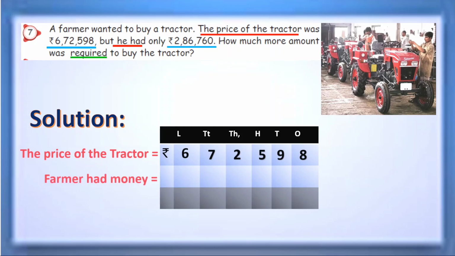Then farmer had money. 2 lakh something, isn't it? So mention it properly. Don't change the number. Even if you change a single digit, it will be a mistake only. Okay. So mention that subtraction symbol, that's very important. And the remaining, this answer will be the remaining amount.